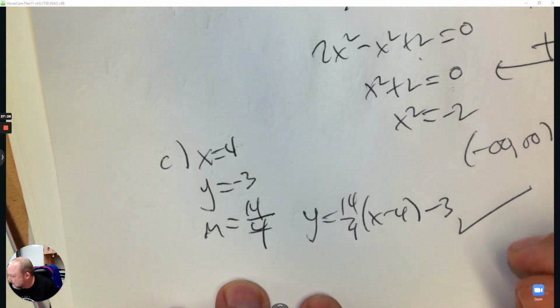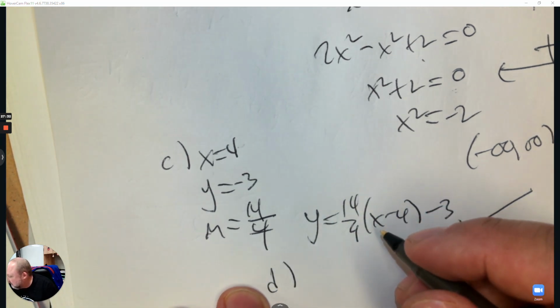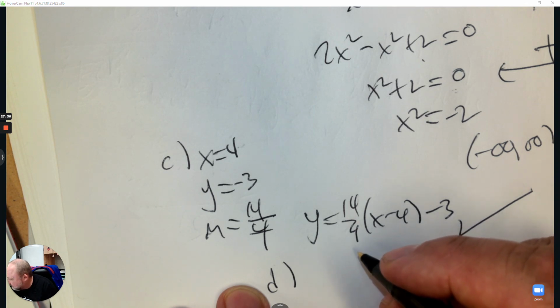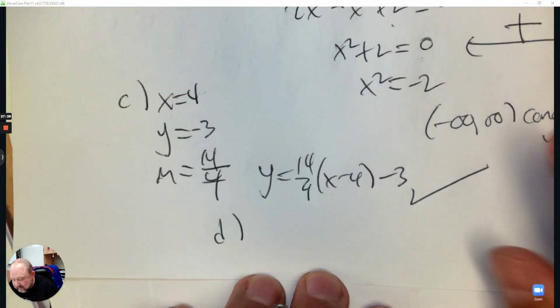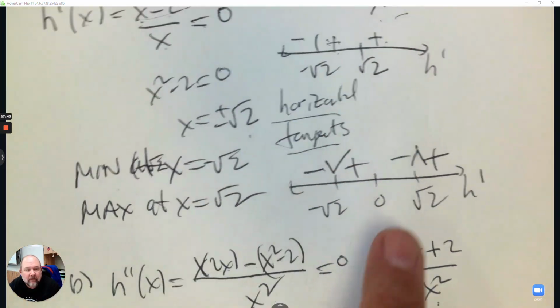That's great. And then part D, does the line tangent of the graph lie above or below the graph of h for x greater than 4? So if something is concave up, so at 4, it is increasing and concave up.